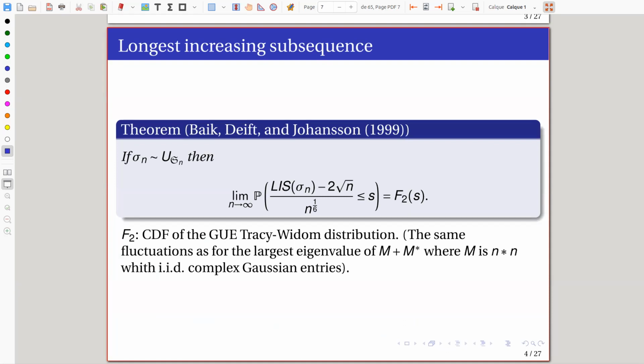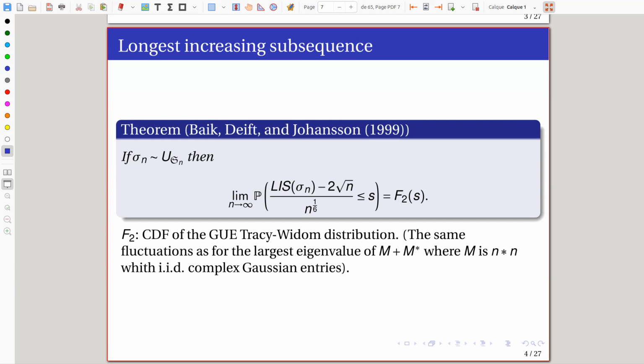And why this question became famous in some sense, because in 99 there was an amazing result that says that the fluctuation is of Tracy-Widom type. This is maybe not very known for a broad audience, but the Tracy-Widom fluctuation appears in many contexts in physics or random matrices.